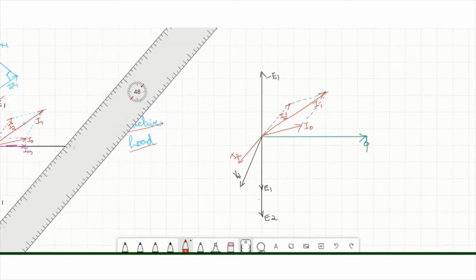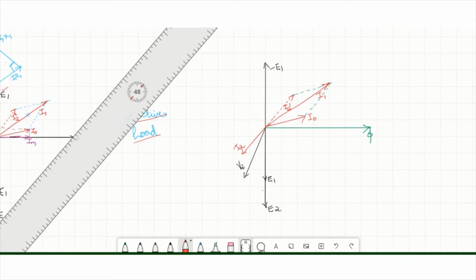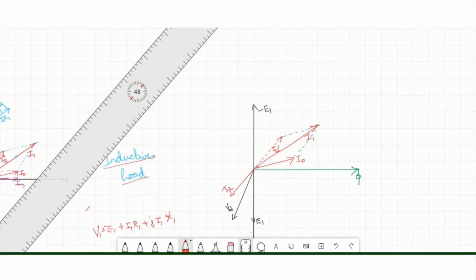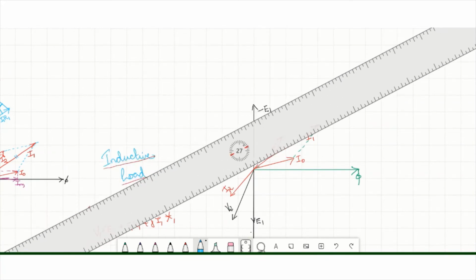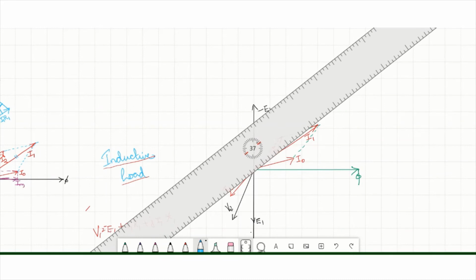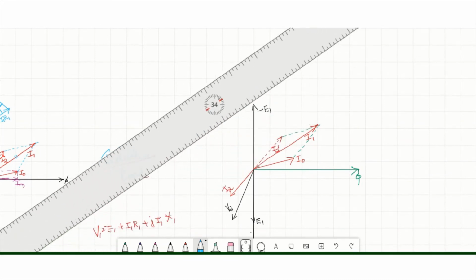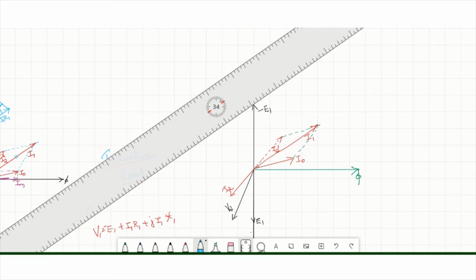Now we have to consider the previous equation. V1 is equal to negative of E1 plus I1 R1 plus J I1 X1. So I1 R1 will be like this. I1 R1 should be parallel with I1. So draw I1 R1 parallel with I1. We will get I1 R1 like this.